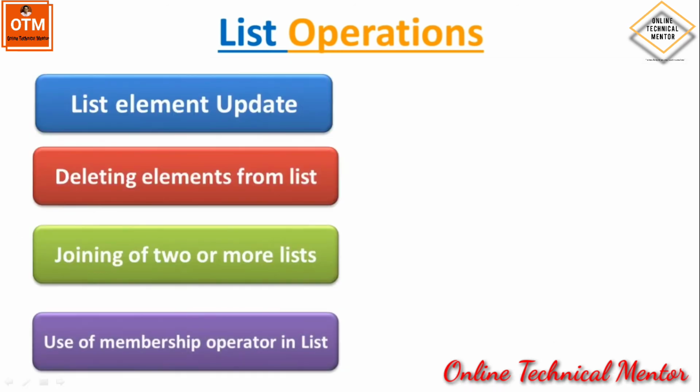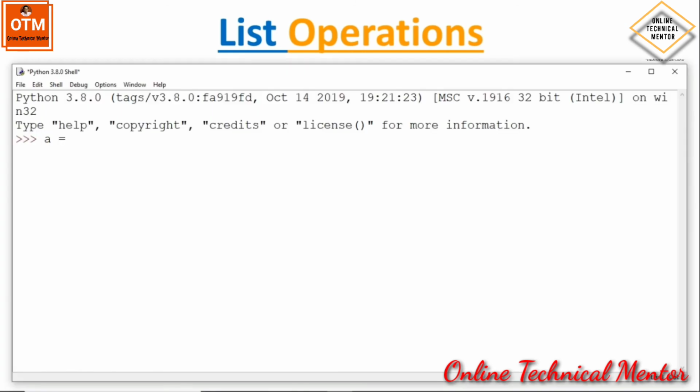Next, use of membership operator in list. The two membership operators of Python are in and not in. Let me show you how to use these operators along with the list. Let me declare a list as say 2, 4, 6, 8, 10. So these are the elements of list A. Now, if I say 5 in A, that means whether 5 is present in A or not.